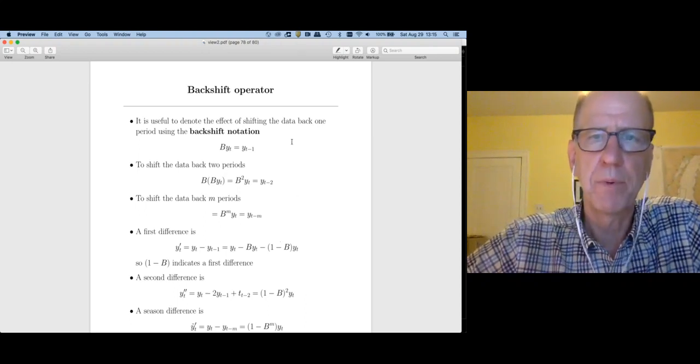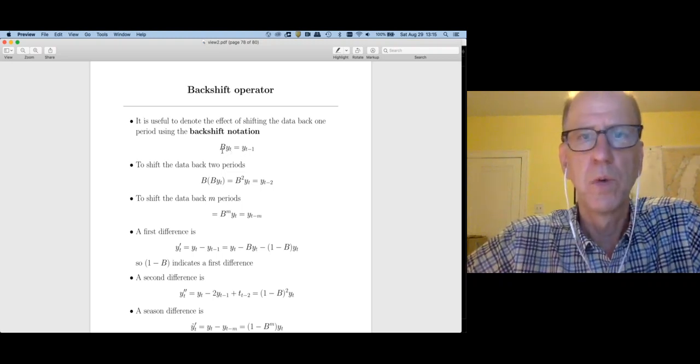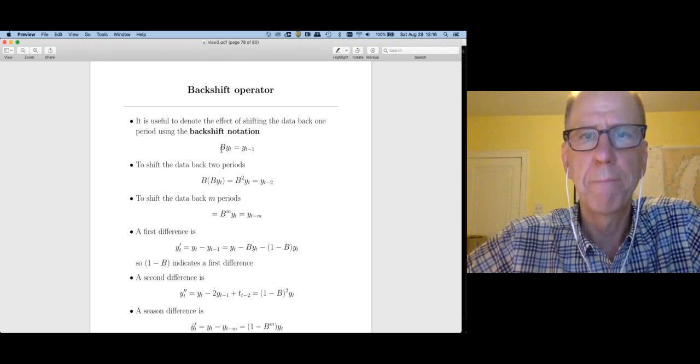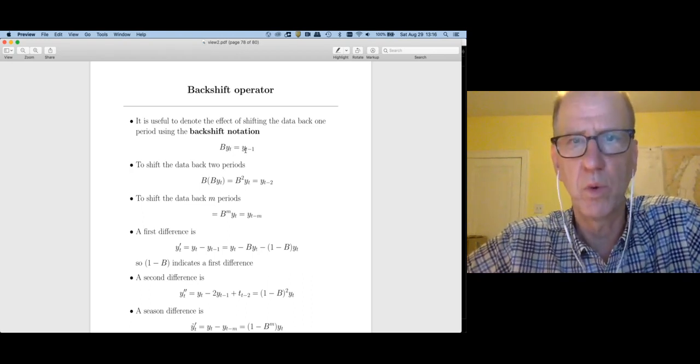So the backshift operator is going to be a very convenient way for us to express that we've differenced something. So big B operated on yt means the previous observation, yt minus 1.